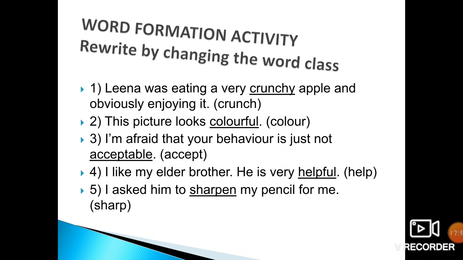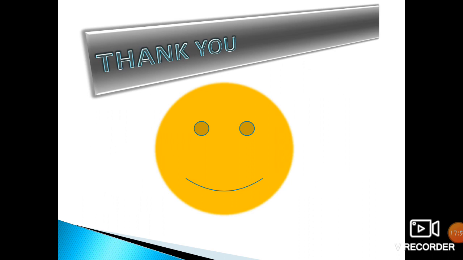Or maybe if there is an activity showing you spotting the errors, there also you will have help from this slideshow of word formation.